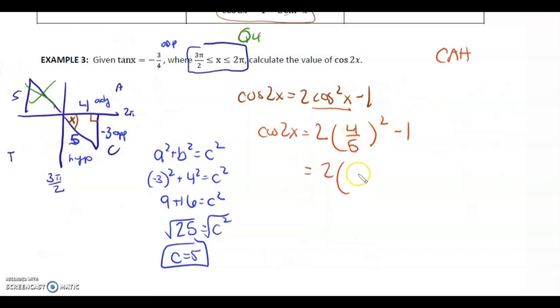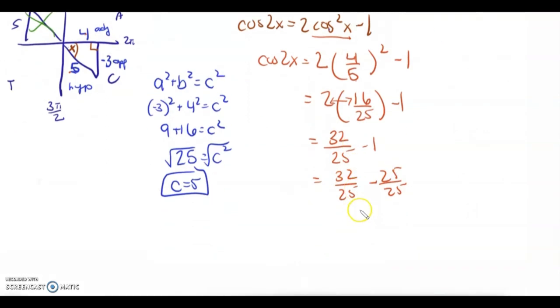So 4/5 squared is 16/25. We're going to multiply the numerators, so 2 times 16, I get 32/25 minus 1. Okay, 1 with a common denominator is 25/25. So I get 7/25.